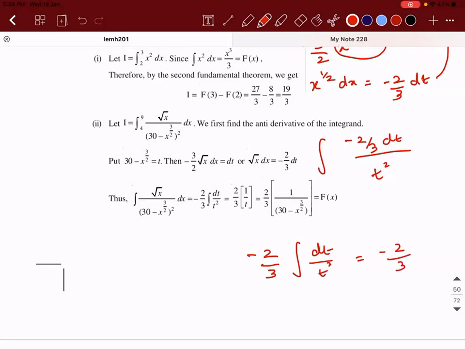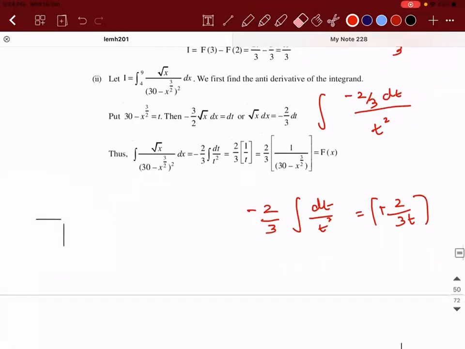So the final answer will come out as plus 2 by 3 t. Right? So 2 by 3 into t is how much? 30 minus x power 3 by 2.